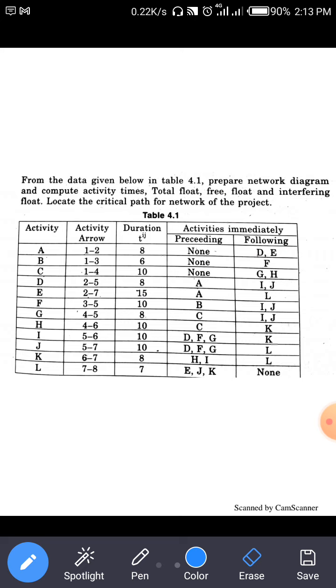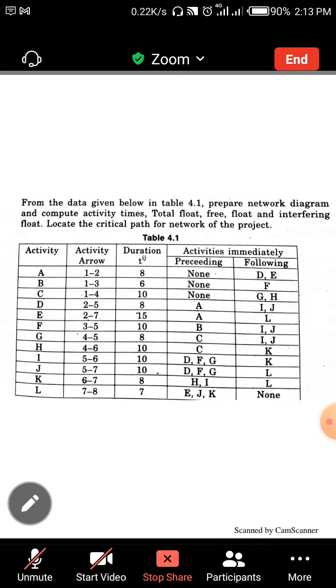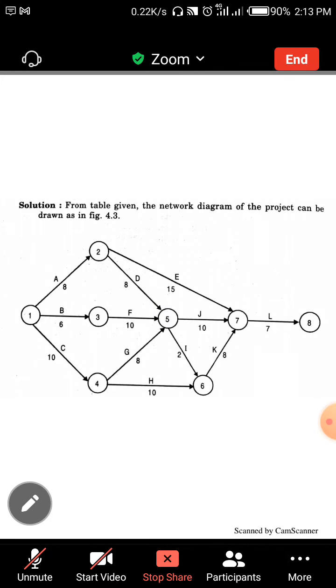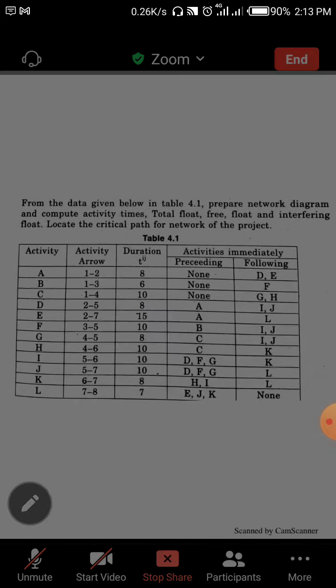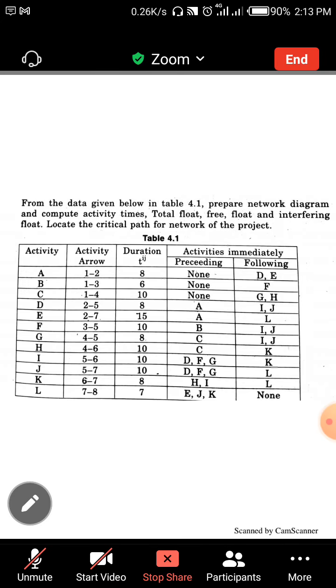From the data, first we draw the network diagram. See this figure. From the table we draw the network diagram. Activity arrows from node 1 go to 2, 3 and 4.